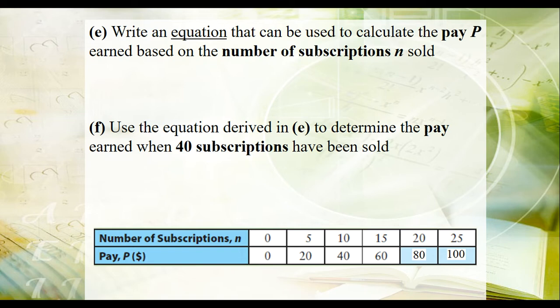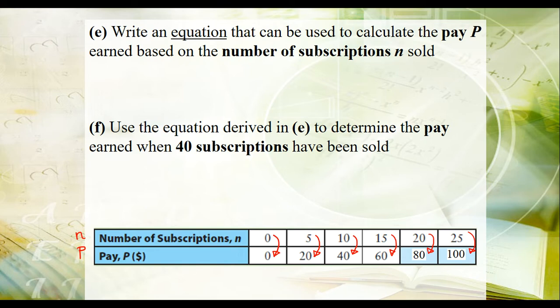Now, the way we're going to do that is we're going to look at what the connection is between the number of subscriptions N and the pay. So for example, how can I go from 5 to 20? How can you go from 10 to 40? How can you go from 15 to 60? How can you go from 20 to 80? How can you go from 25 to 100?